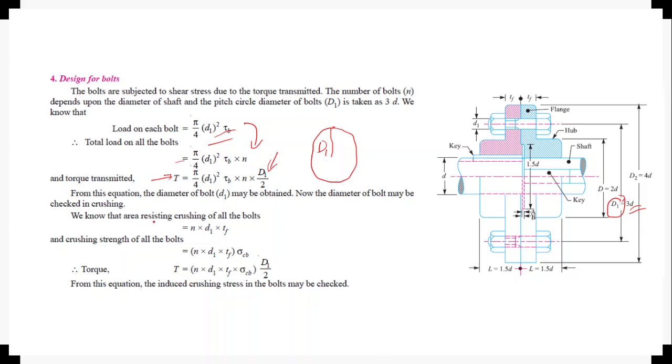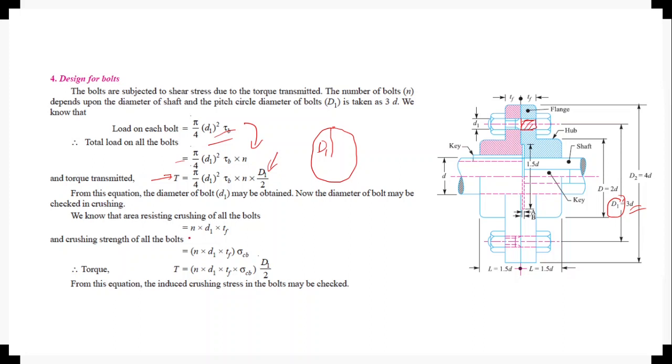Then we know the area resisting the crushing of all the bolts. Here crushing occurs at the projected area of this particular diameter, that's equal to d1 into tf. This is d1 and this is tf. This particular area is the area where the crushing occurs.